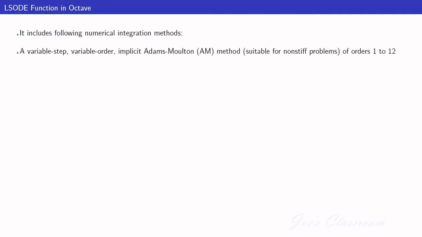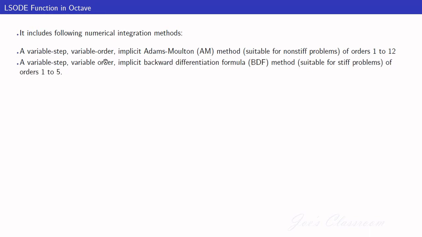The numerical integration methods available in this lsode function are the implicit Adams-Moulton method of orders 1 to 12, and this particular method I can use for non-stiff differential equations, and this is a variable step variable order method, and also it has got a backward differentiation formula method, the BDF method. Usually it can be used for stiff problems.